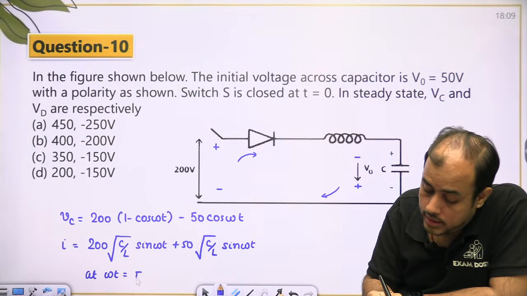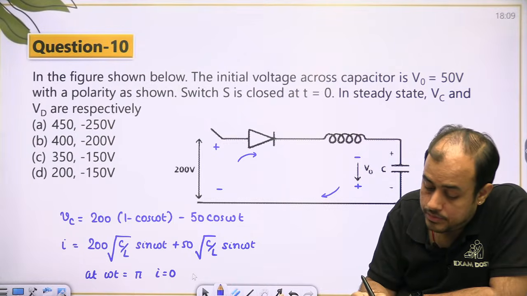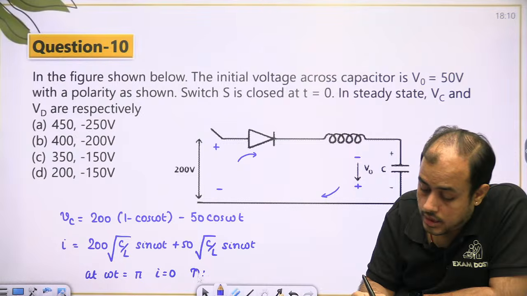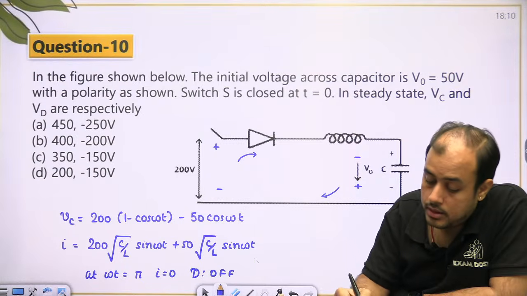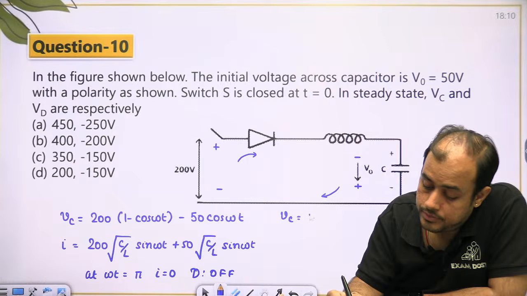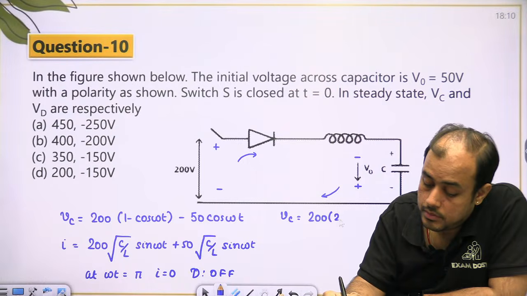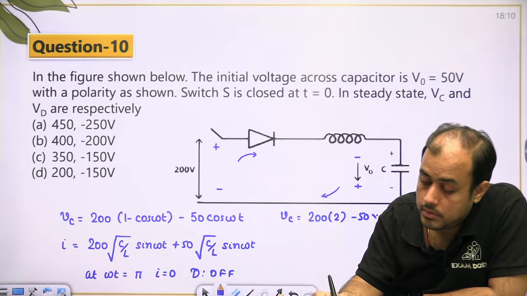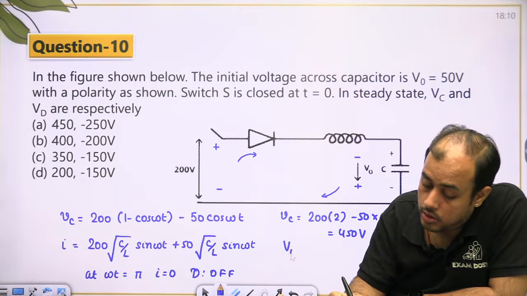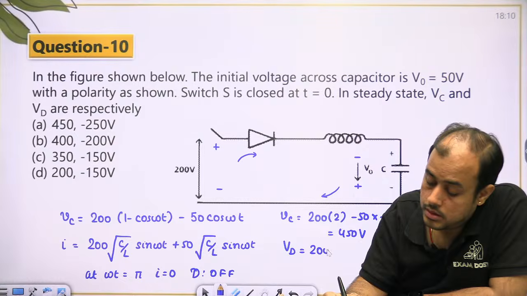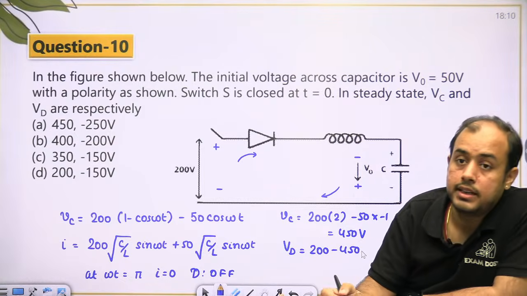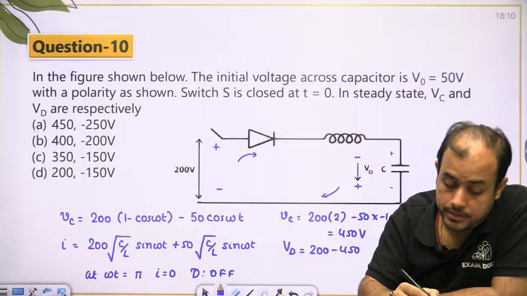At omega t equal to pi, current is 0. Diode will be off. So what will be VC? 450. What about diode? 200 minus 450 minus 250.